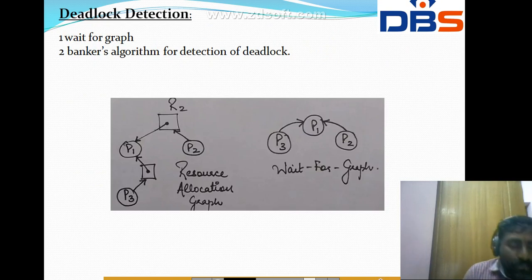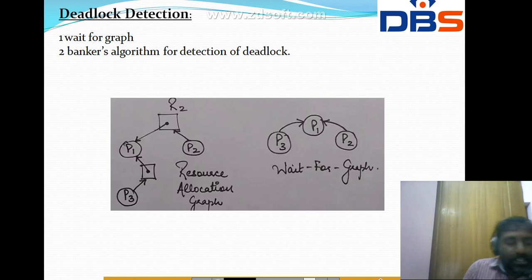If all the resources have only a single instance, then we can define a deadlock detection algorithm that uses a variant of the resource allocation graph called the wait for graph. We obtain this graph from the resource allocation graph by removing the resource nodes and collapsing the appropriate edges.